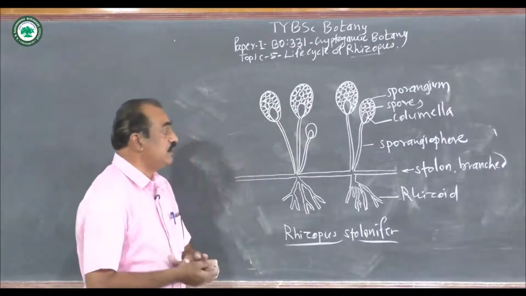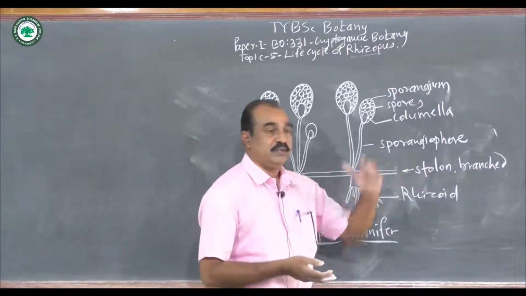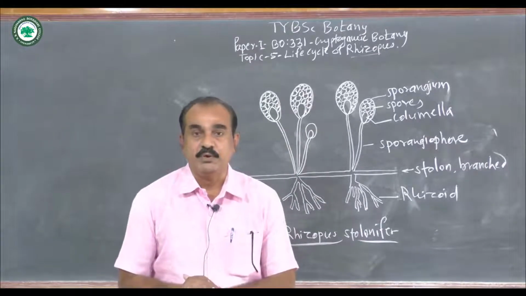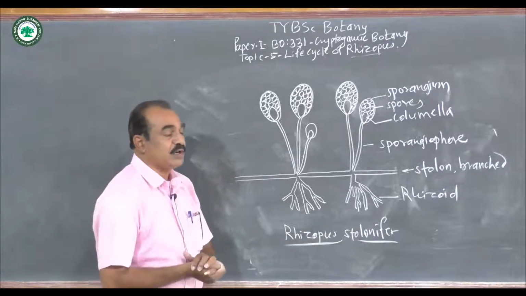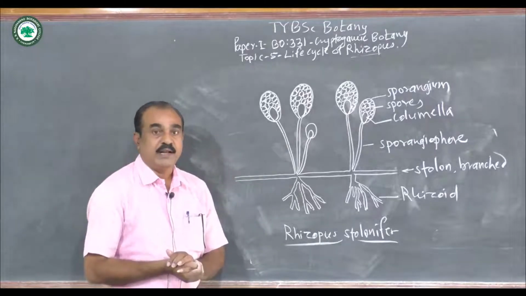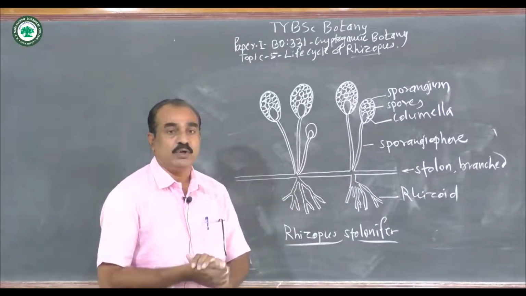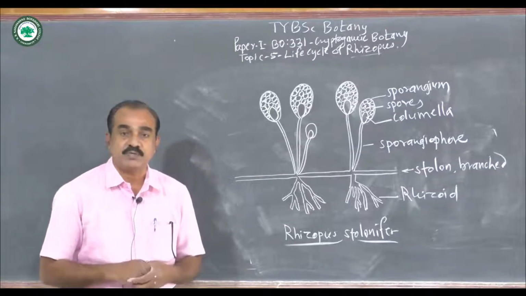Above this there are aerial structures, and they are called the sporangiophore. These sporangiophores are elongated tube-like hyphae. They have a number of nuclei. At their tip there is the sporangium. The sporangium is somewhat circular in outline. At the base of this sporangium, there is the columella. And above the columella, that means in the sporangium, a number of spores are developed.